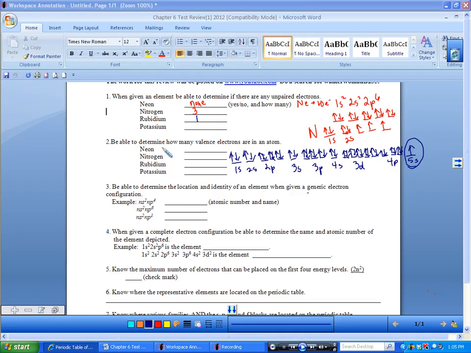Let me show you how I know that. So I'm going to do potassium in this lovely shade of burnt orange, if such a color existed. So there's 1s, 2s, 2p, 3s, 3p, and finally 4s.